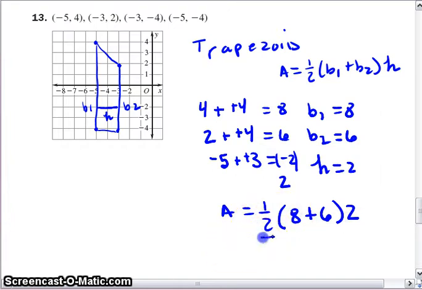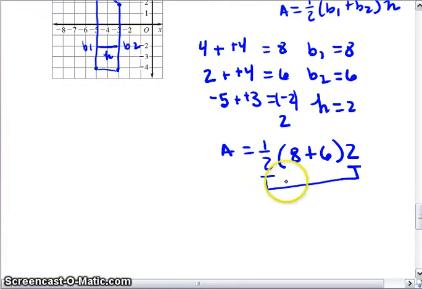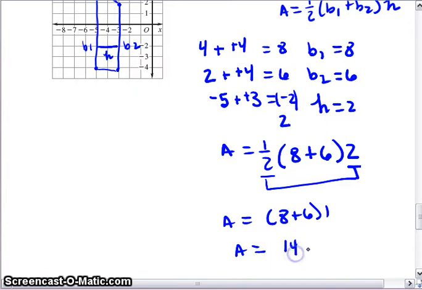Alright, these two are reciprocals, so they're going to become 1. So my area equals 8 plus 6 times 1, or my area equals 14 units squared.